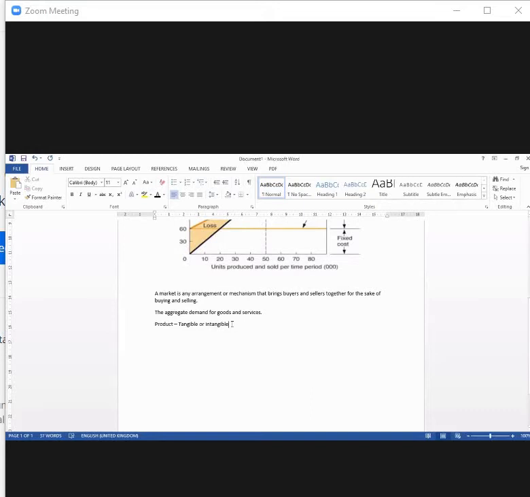So products can be tangible or intangible. If it is tangible, it is physical and can be easily sold; it's there on its own. But if it is intangible, it cannot be inventoried. It's not a standalone thing.